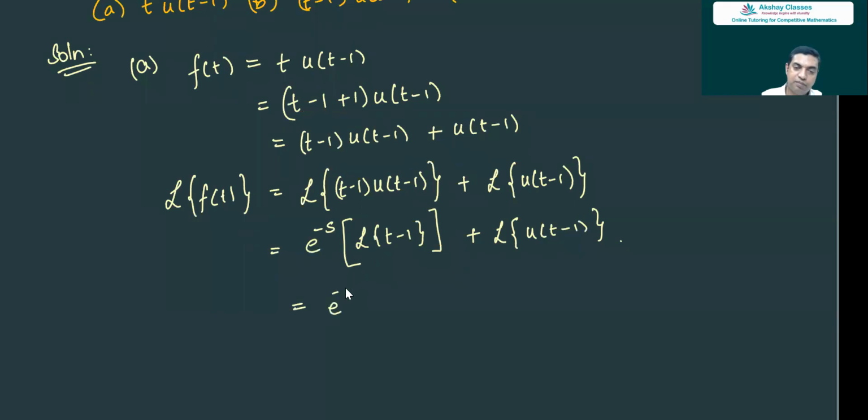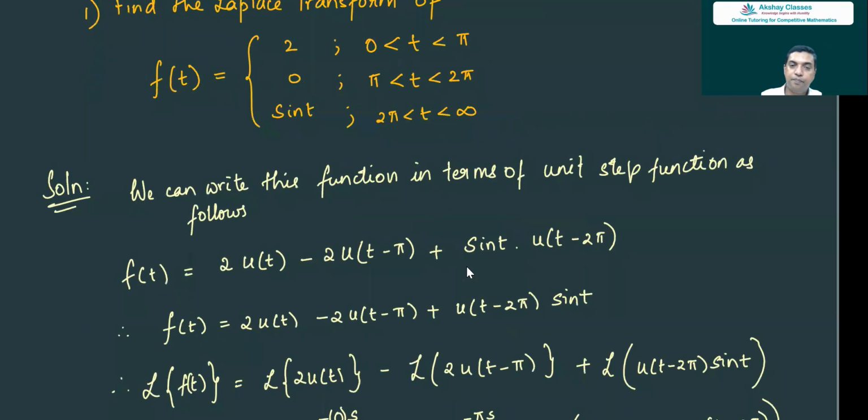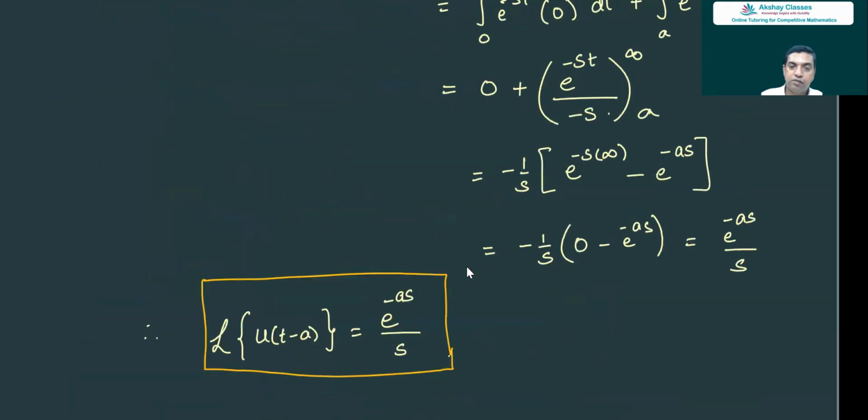So this is Laplace transform of t. It is 1 by s square minus 1 by s plus Laplace transform of u of t minus a, which is e power minus as by s.